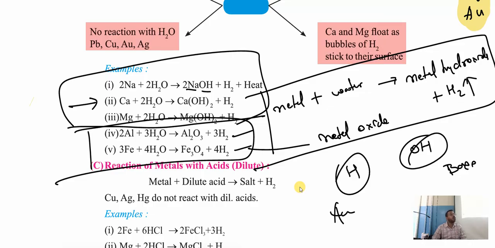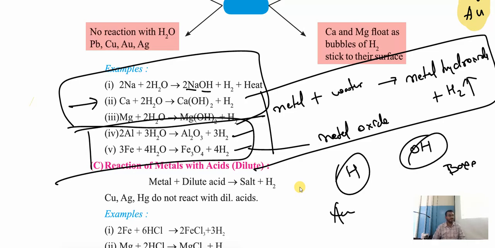Yes or no? But here, one interesting concept is there. You know what that interesting concept is? I said sodium reacts with water, am I right? It gives sodium hydroxide, hydrogen gas liberated. Magnesium reacts with water. Here, is aluminium reacting with water or steam?